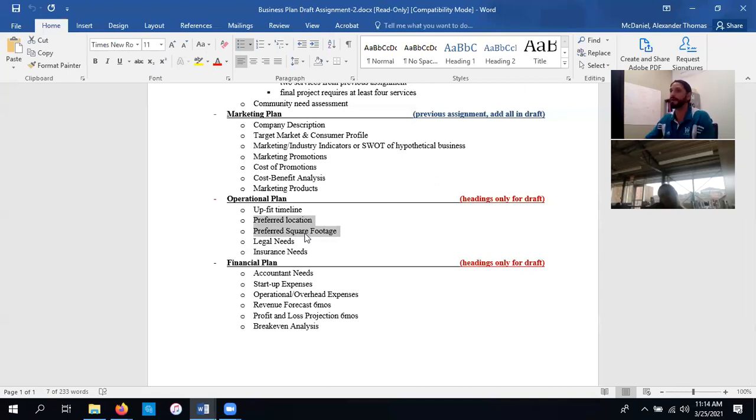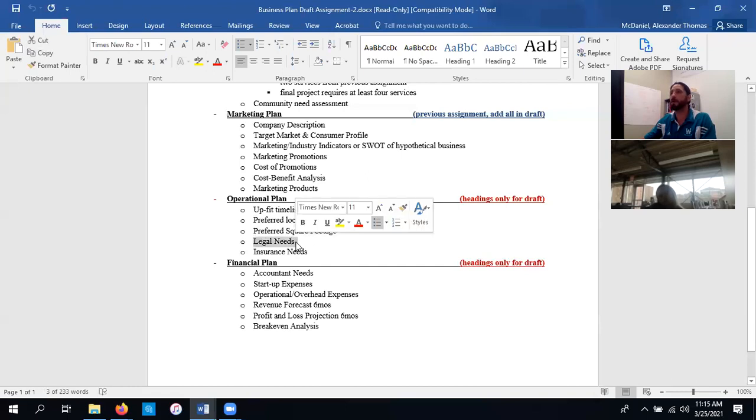So meaning if you have a 3,000 square foot facility, it's going to cost you about $6,000 a month. If you're going to be in a location that is not the nicest, or it's a warehouse district like a lot of CrossFits are, then usually your price per square foot is $1 a square foot. So just know that. You can go by those averages when you're coming up with this.